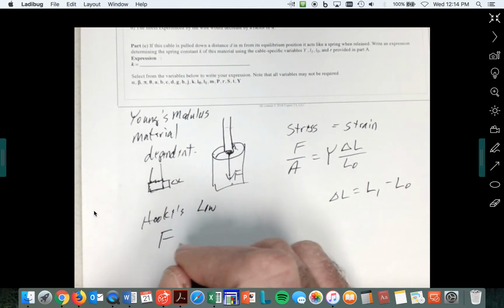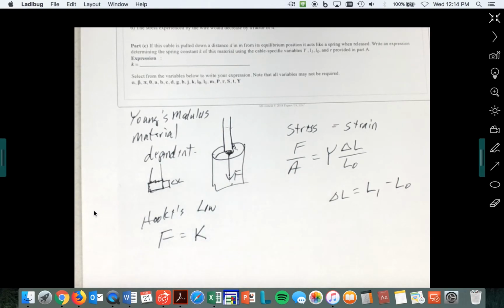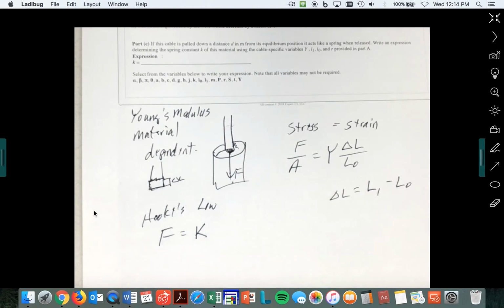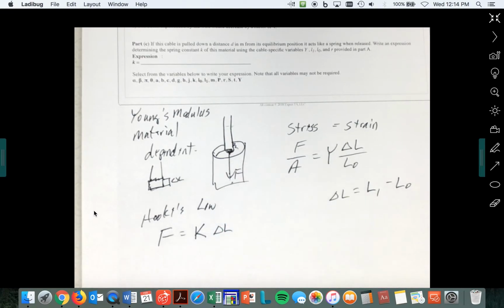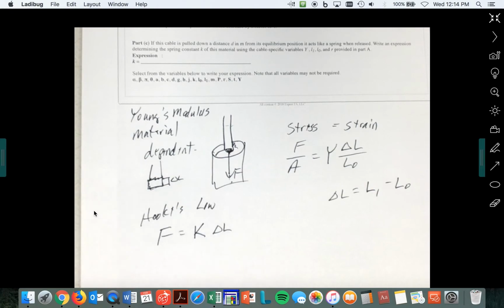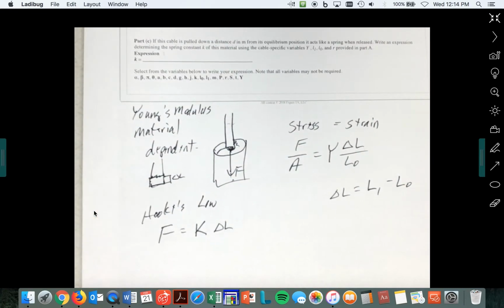Hooke's law says F is equal to some spring constant, K, times delta L. That's for the second part, and we're going to come up with an expression for K based on what we get here.